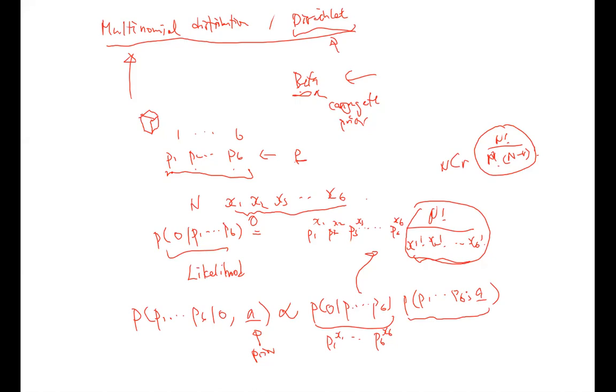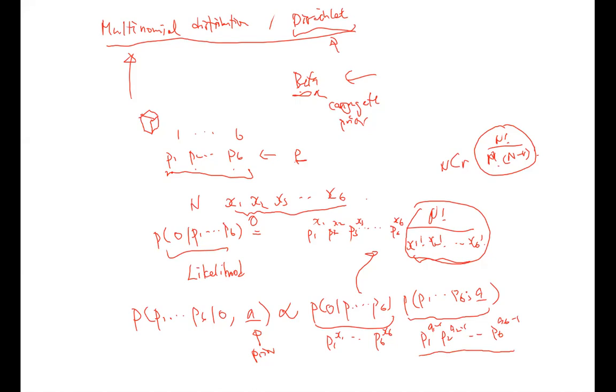So therefore, I want a form like P1^(A1), P2^(A2), up to P6^(A6), right? And like the beta distribution, the actual form has a minus 1 here, just by convention. And I have some normalization factor here.